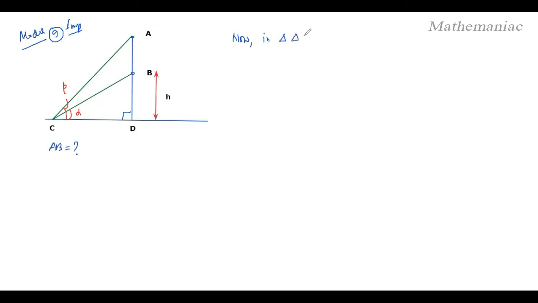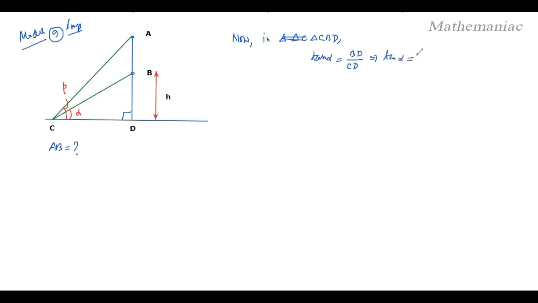In triangle CBD, tan of alpha is equal to BD by CD.